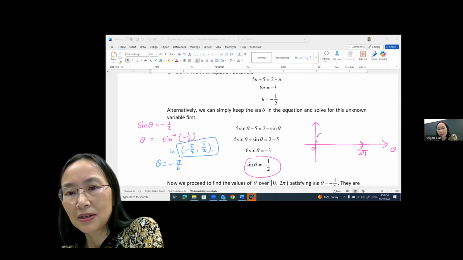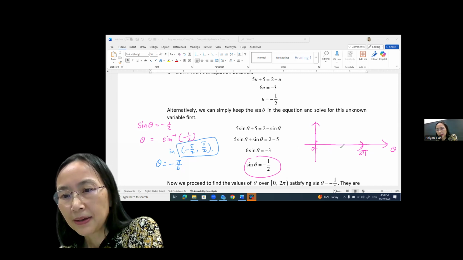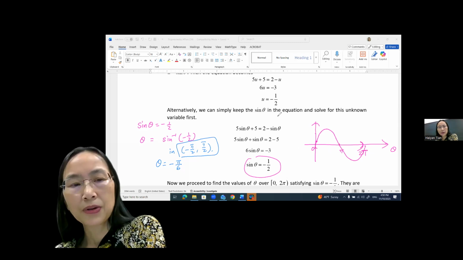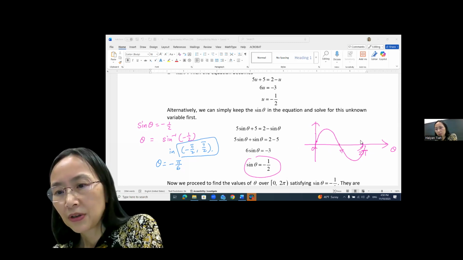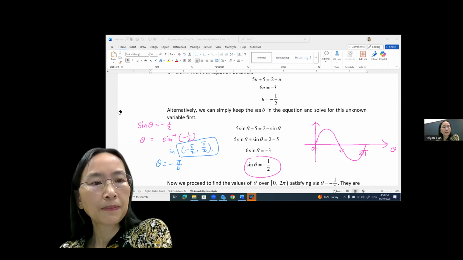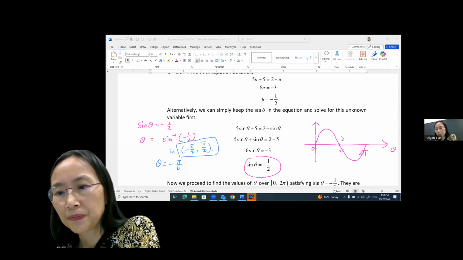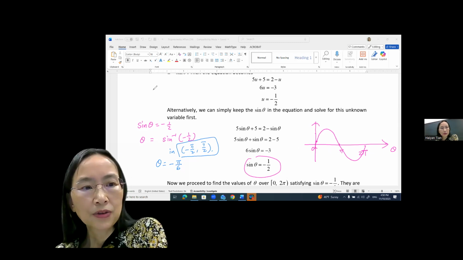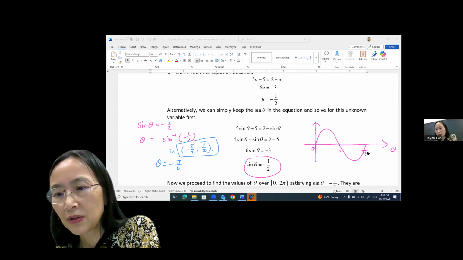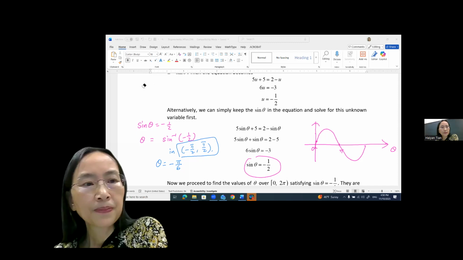Okay, so we look for theta in that range, but remember the sine function. Let's just look at the sine function. Here is pi, right? So the sine function is increasing like this, and here is 2 pi.